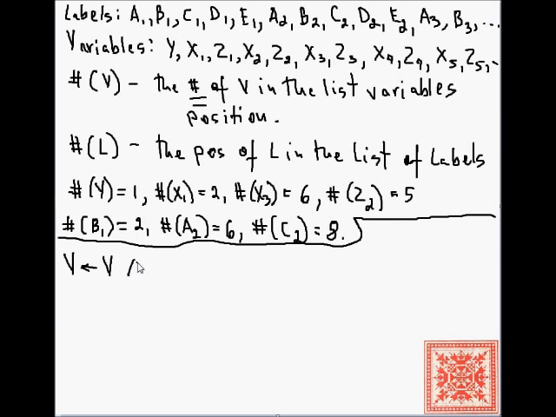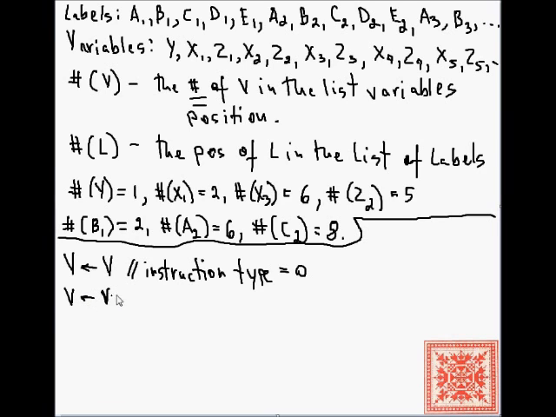The next step is coding the instruction types. We have four instructions in L. The first instruction is the self-assignment, V goes to V, which we will think of as instruction type 0.